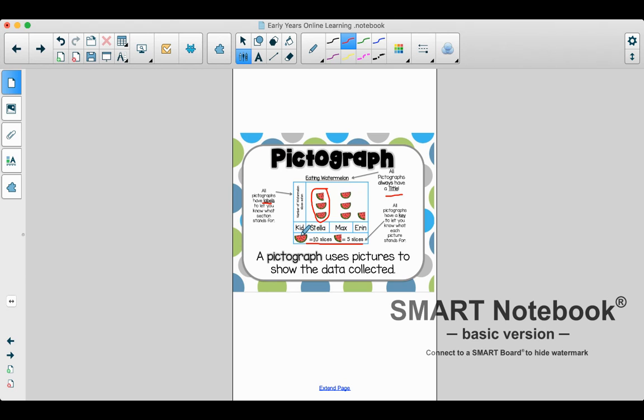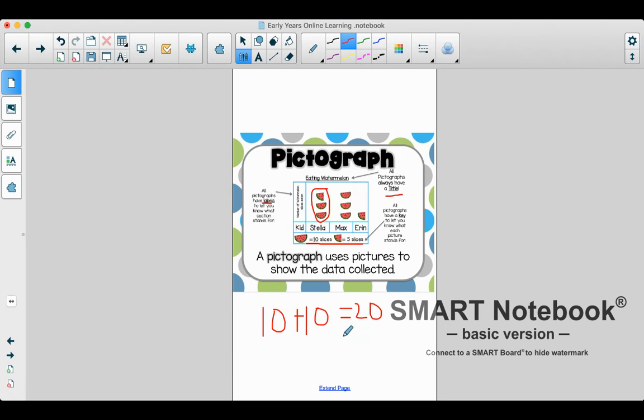If I ate 20 slices of watermelon, I would have 2 pictures under my name because 10 plus 10 equals 20. I know this is a lot of information, so I have you doing a lot of practice this week to get used to all of this.